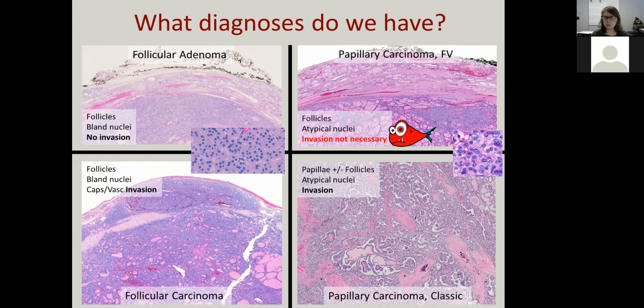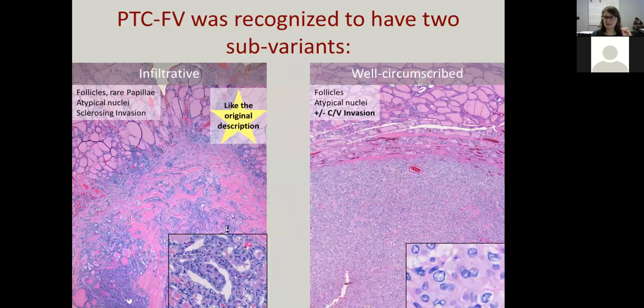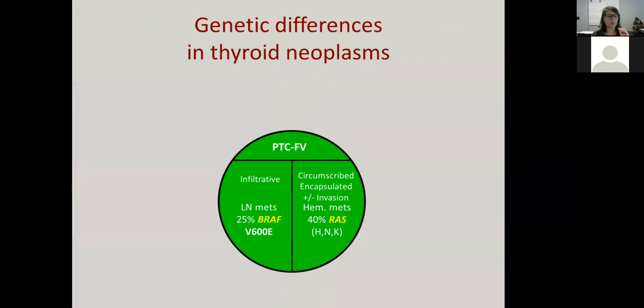And so we have regrouped from that. It's not historic, it's only a few years ago where we've changed our thinking, but we have rethought this process. So the infiltrative papillary carcinoma that actually has invasion is still papillary carcinoma. But what do we do with this well-circumscribed so-called encapsulated follicular variants of papillary that is really 100% follicles and just has those funny-looking nuclei? Well, it was found that these groups were the ones that sorted differently between the BRAF V600E-like and the RAS-like, okay?